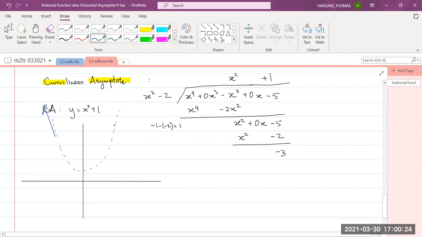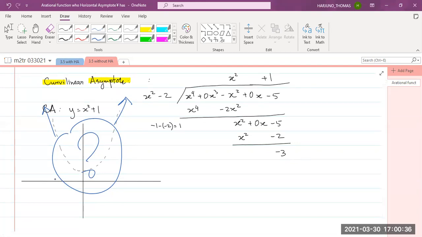When you go very far to the positive infinity, the graph gets closer to this hand. What happens in between, we don't know. But we know the right-hand behavior will be positive infinity, and the left-hand behavior will be positive infinity also.